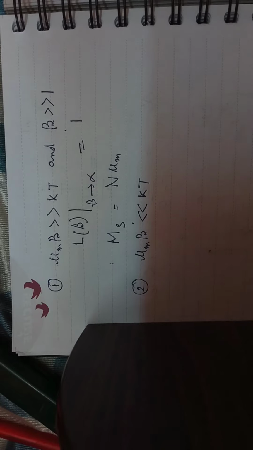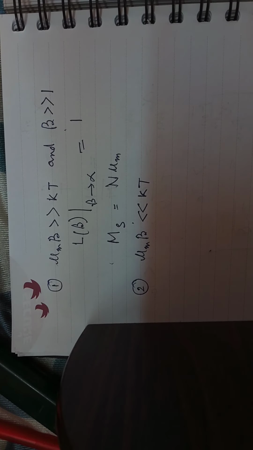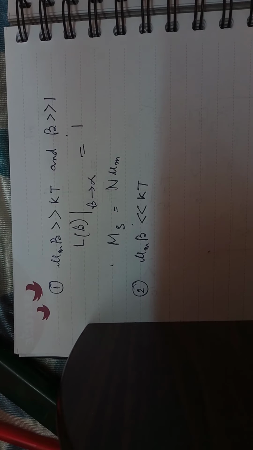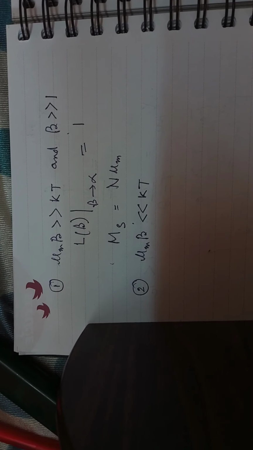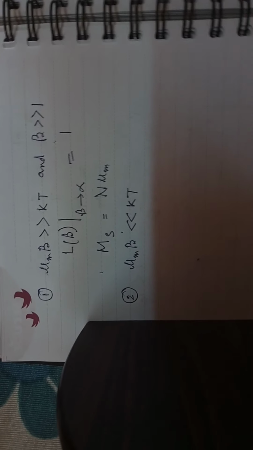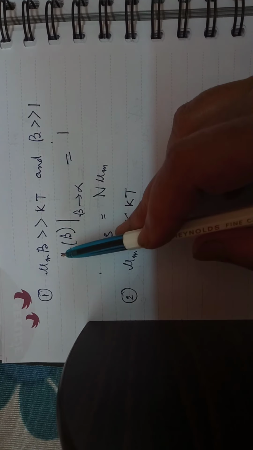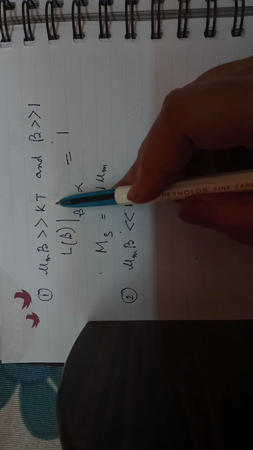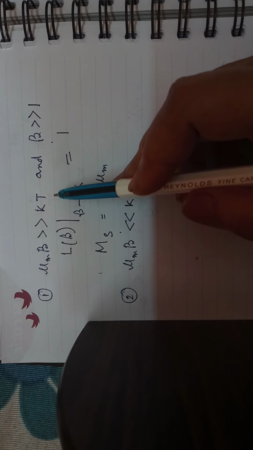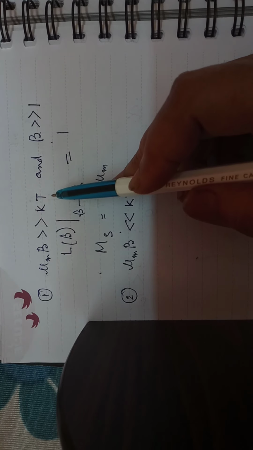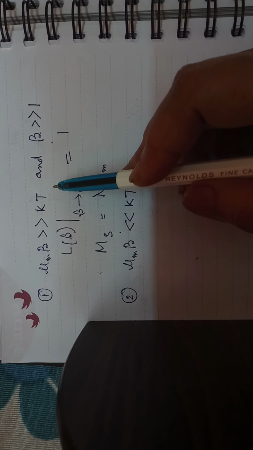The important thing over here is this little bit of information: what happens when mu m B is much greater than kT?